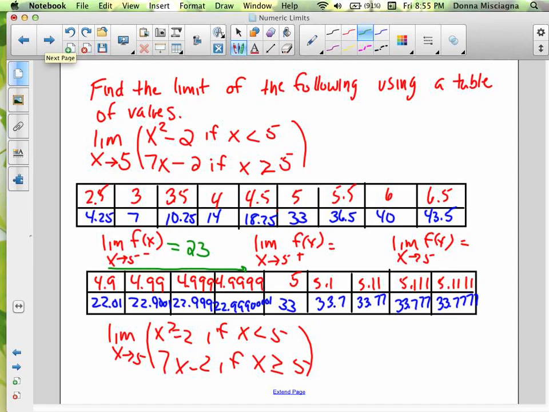As we're coming from the right-hand side, however, notice our values are getting closer and closer to 33. So the limit of f of x as x approaches 5, does that exist?